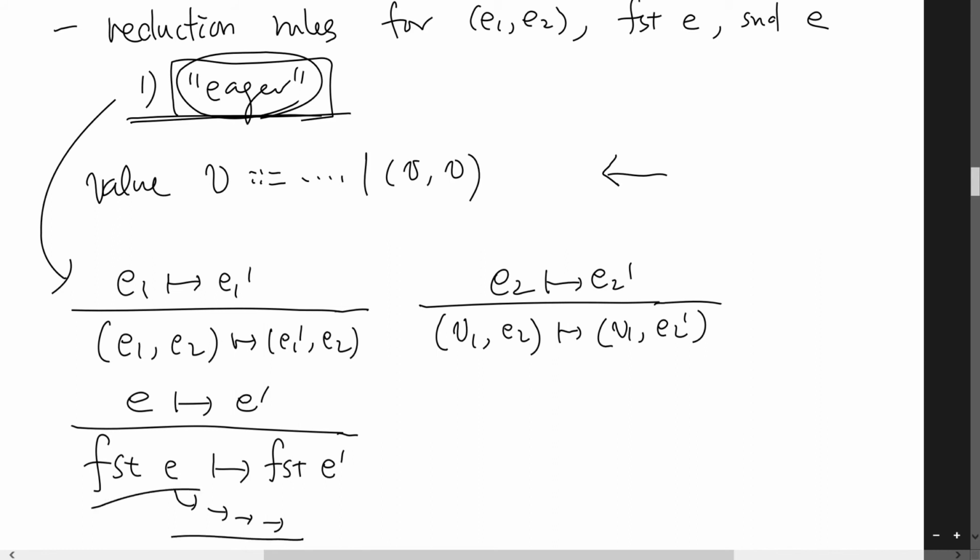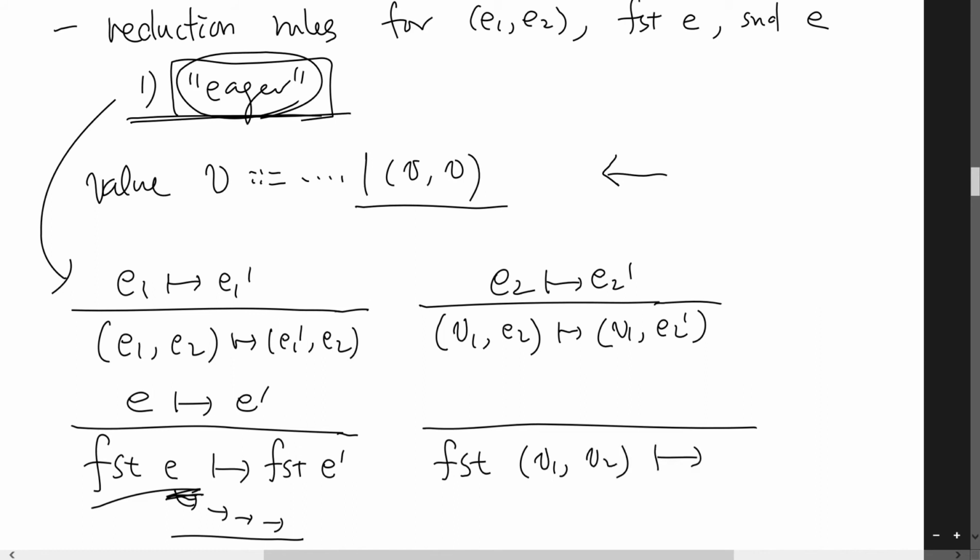And if this is well formed, probably the form of the value from this expression E will be a pair of values. So if everything goes okay, we will produce something like V1, V2 paired together. In this case, we just take the first component. It's going to be V1. And the case for this second projection is completely symmetric.